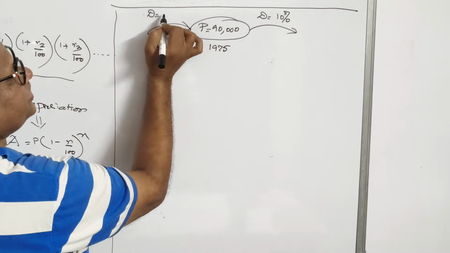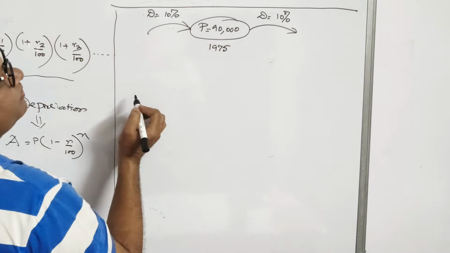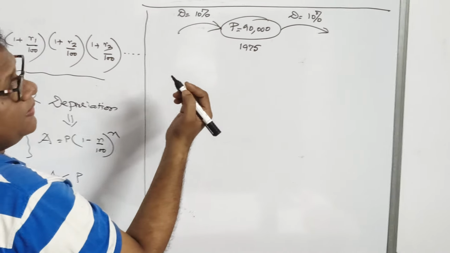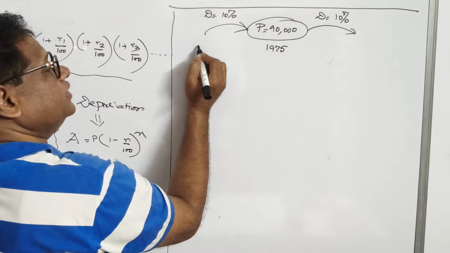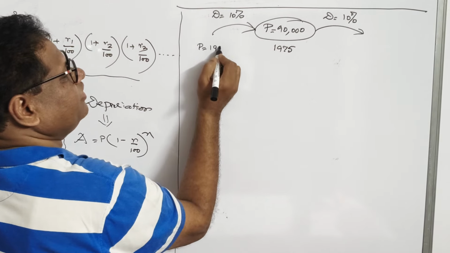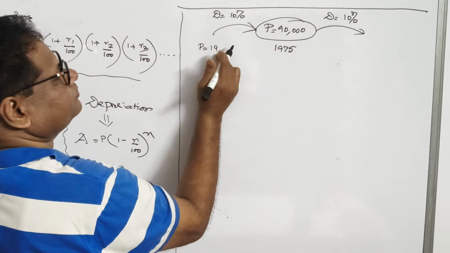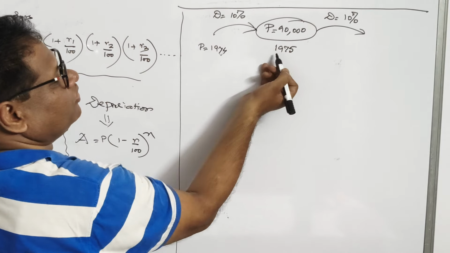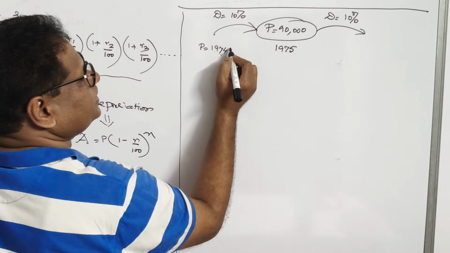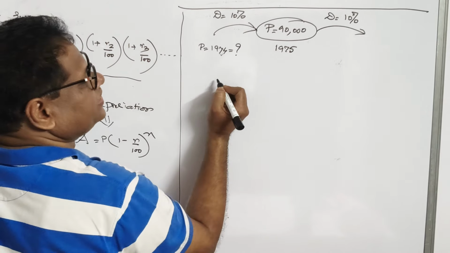Now what you have to find in this question? You have to find the population in the year 1974, one year ago. So what was the population in 1974?